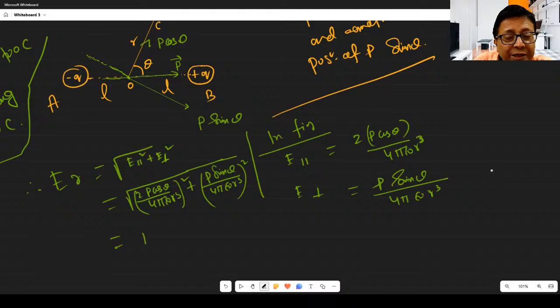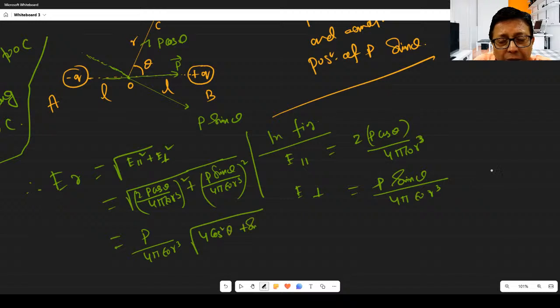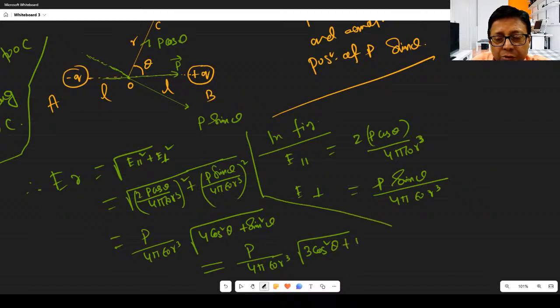So there will be p by 4 pi epsilon 0 r cube under root of 4 cos square plus sin square, and cos square plus sin square is 1. ER equal to this thing. Okay?